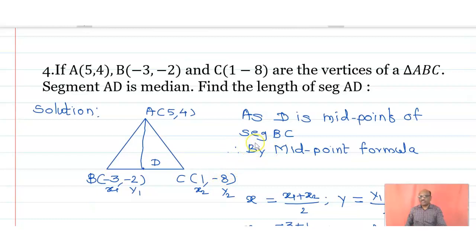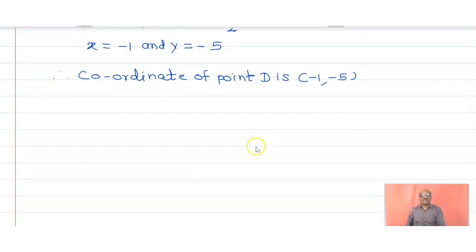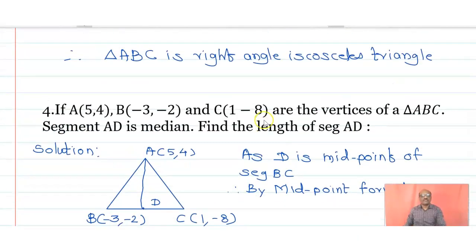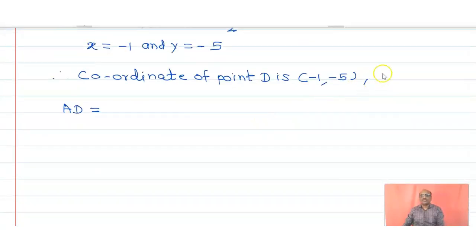Next we want to find out the AD, that is the length of that median. Therefore, AD is equal to, what is the coordinate of point A? The coordinate of point A is (5, 4), and therefore here we will apply the distance formula.